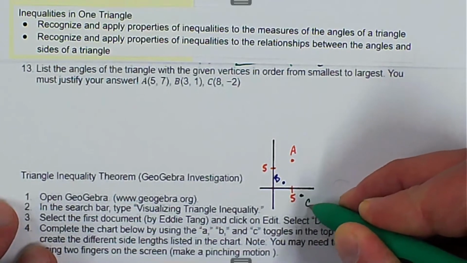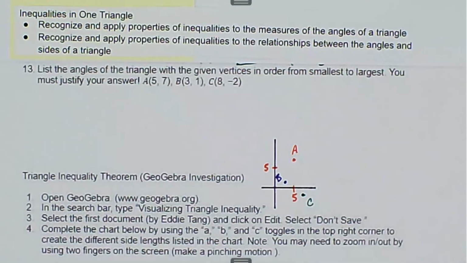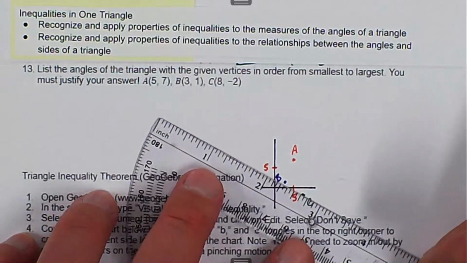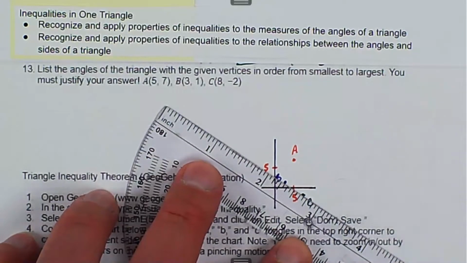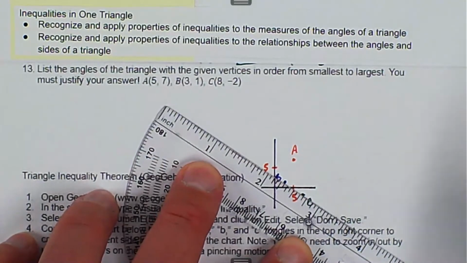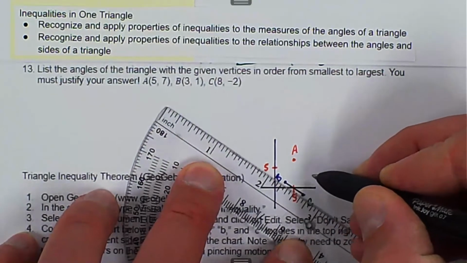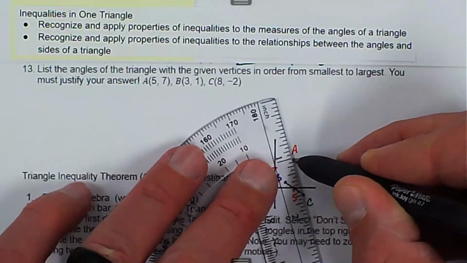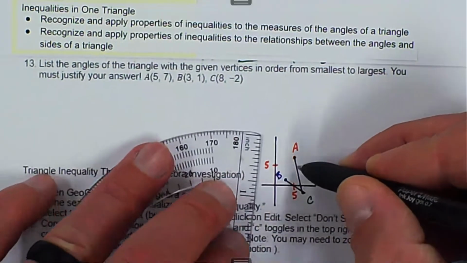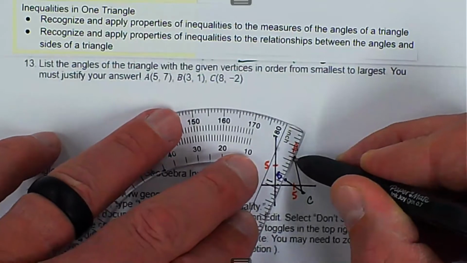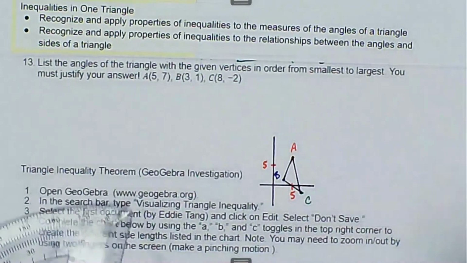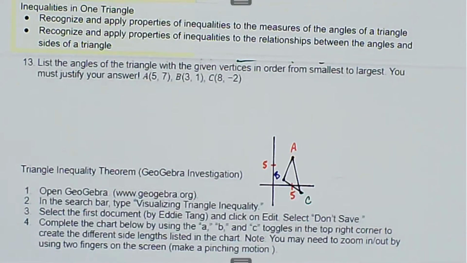That's going to be C. So there is the triangle right there. Not exactly accurate, but get an idea of where the points are. And we'll draw the line in between. So there we have our triangle, just to give us an idea of what's going on.